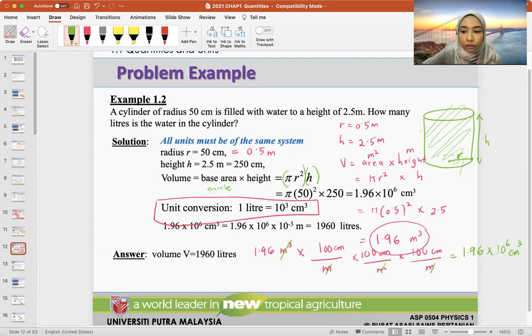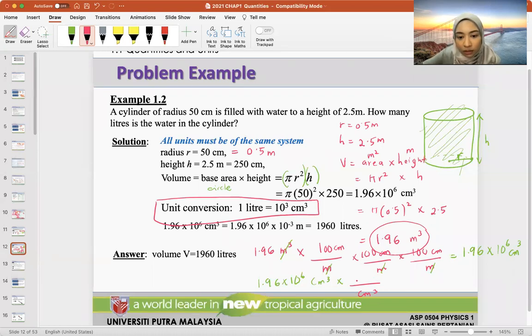I want to convert it to liters. 1.96 times 10 to the 6 centimeter cube times, I want to get rid of the centimeter cube, it should be down here, and green is not a good color sebab slide saya pun ada green. So centimeter cube should be down there.